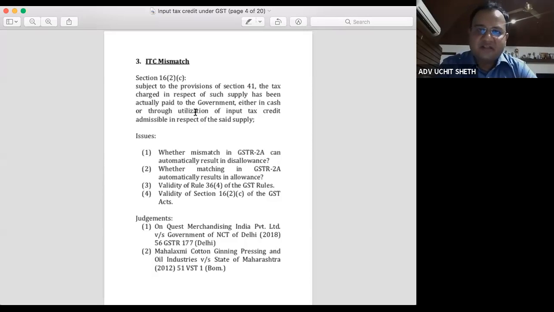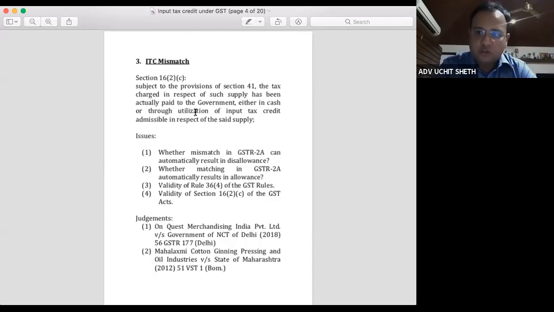But the officer draws his power from this provision. Even though my transaction may be matching in GSTR 2A, that only means that my vendor has disclosed the transaction in his returns. Maybe in the column where it is specified whether tax is paid or not also, it may come as yes.